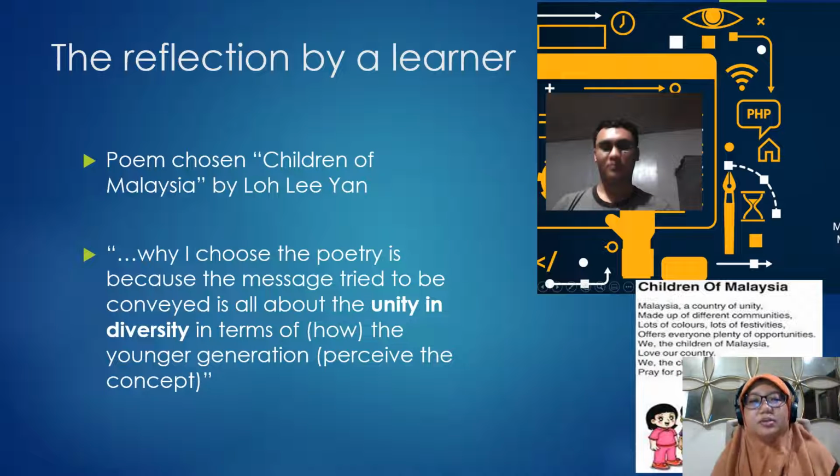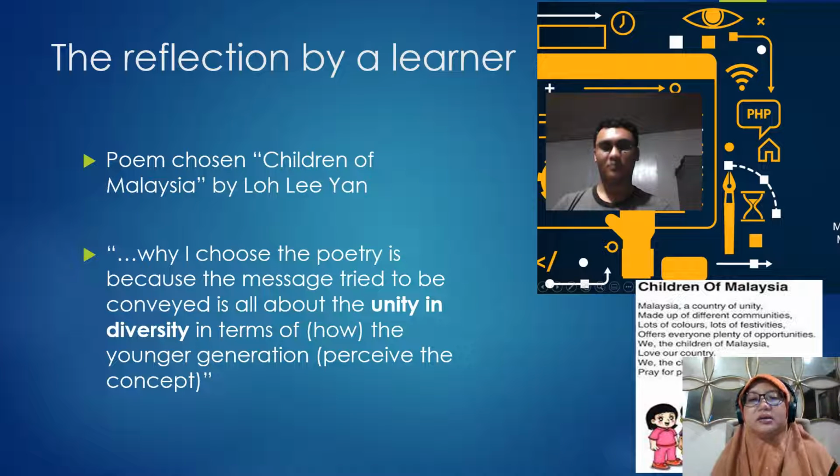Okay, so the learner says that the poem chosen is entitled Children of Malaysia by Lo Li Yan. Why he chose a poem is because the message tried to be conveyed is all about unity in diversity in terms of how the younger generation perceive the concept.